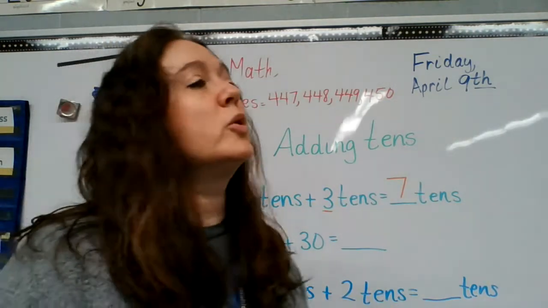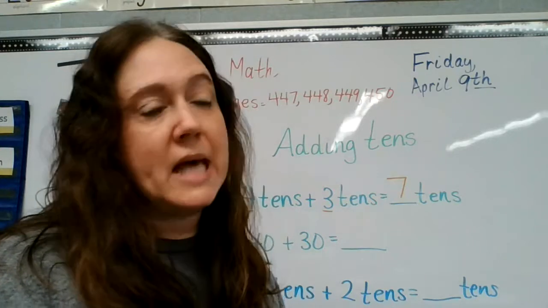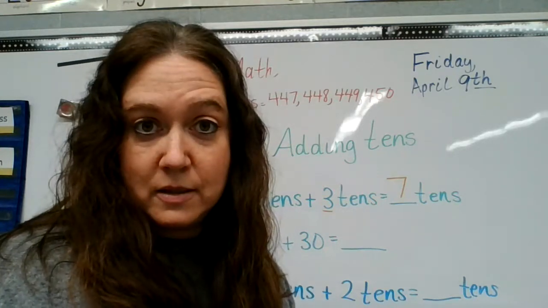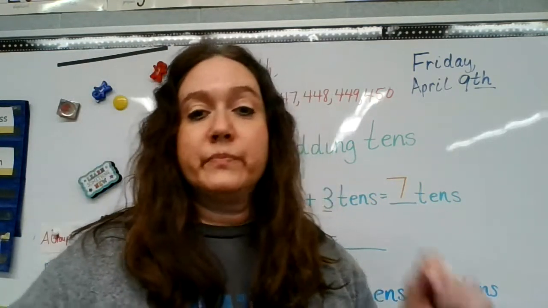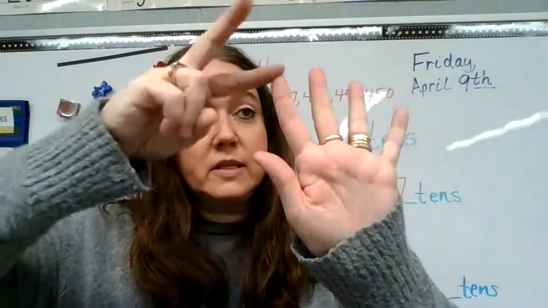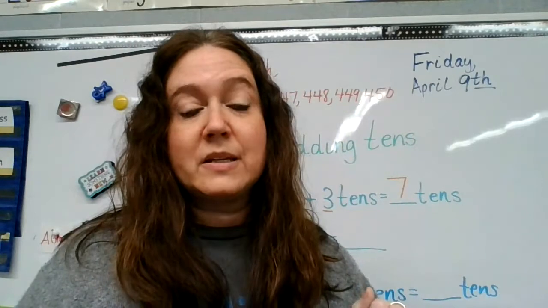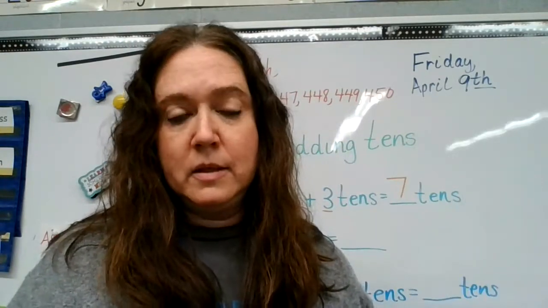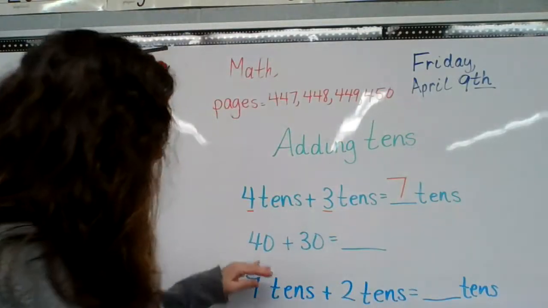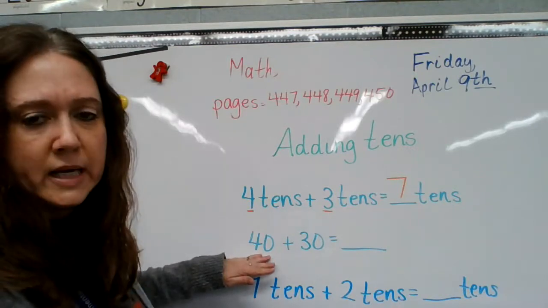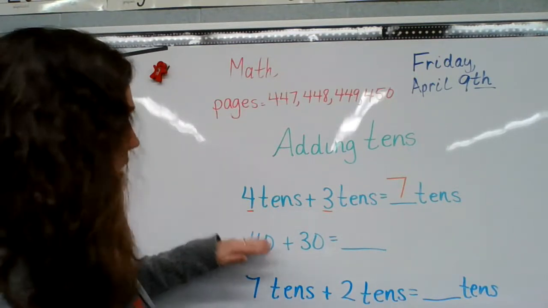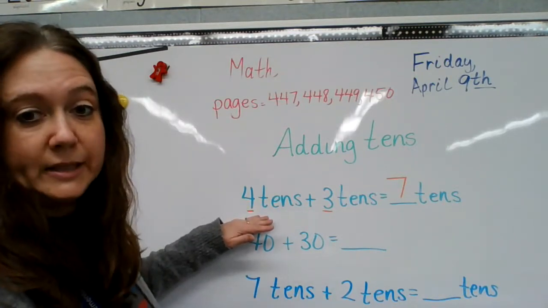What number really is that with 7 tens? That means each of these is 10, right? So it's 70.